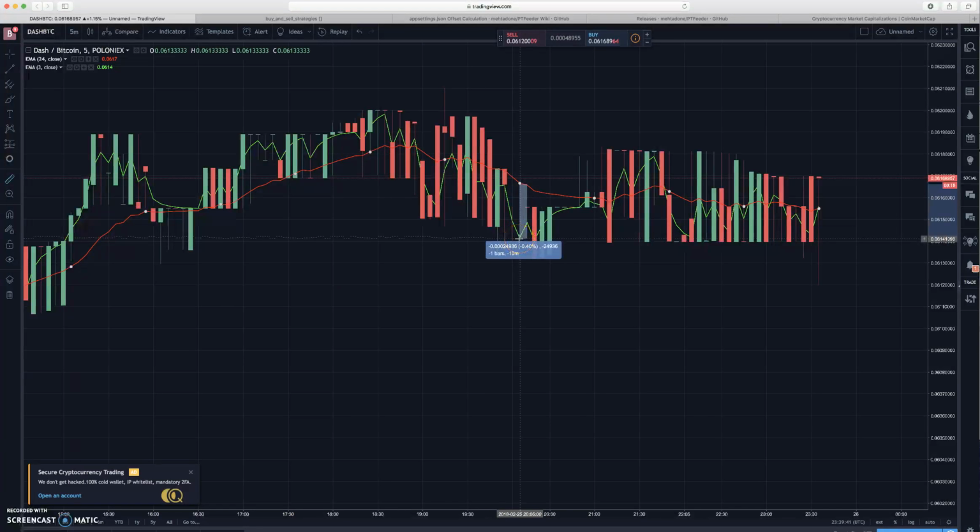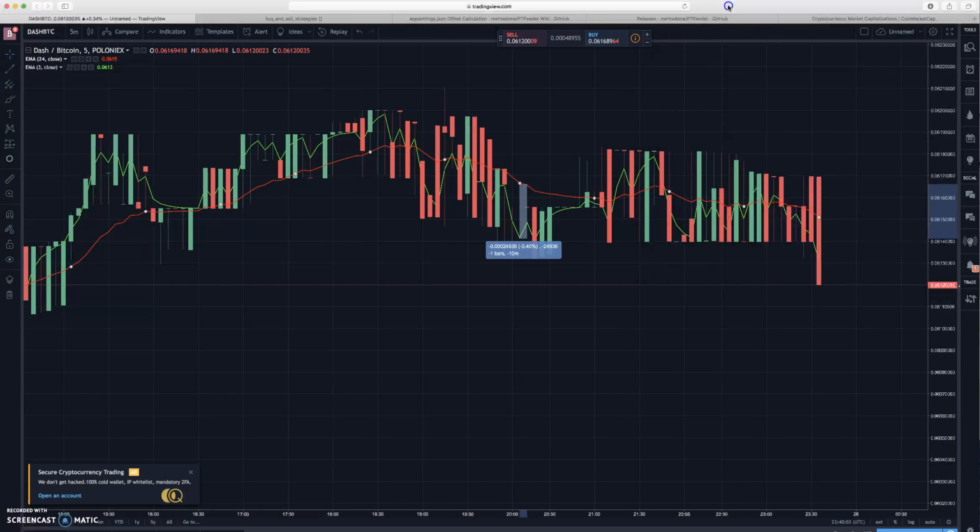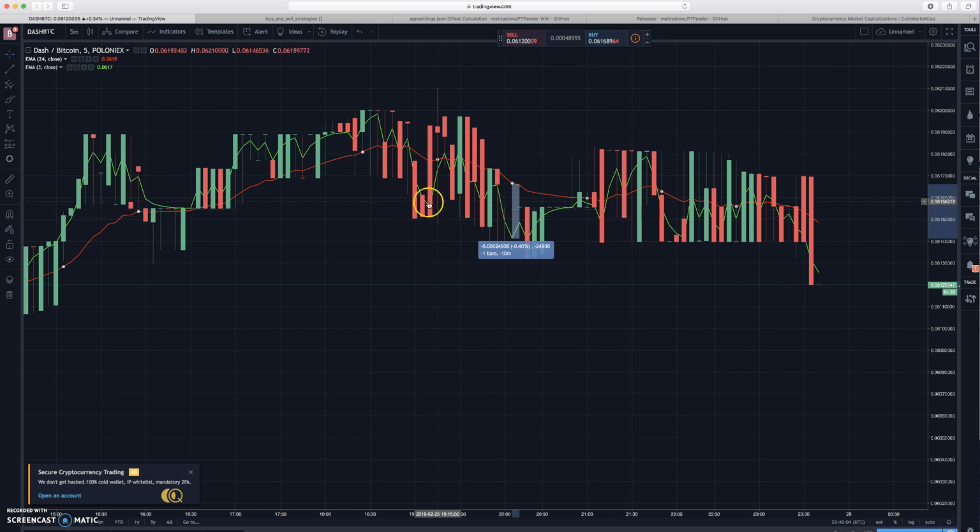So right here, this green line is our fast moving average. It is clearly beneath the slow moving average. So then it's looking at the spread between these. This spread is only negative 0.4%. My buy value is negative 0.5%. So right now, my bot would not be looking to purchase this coin.